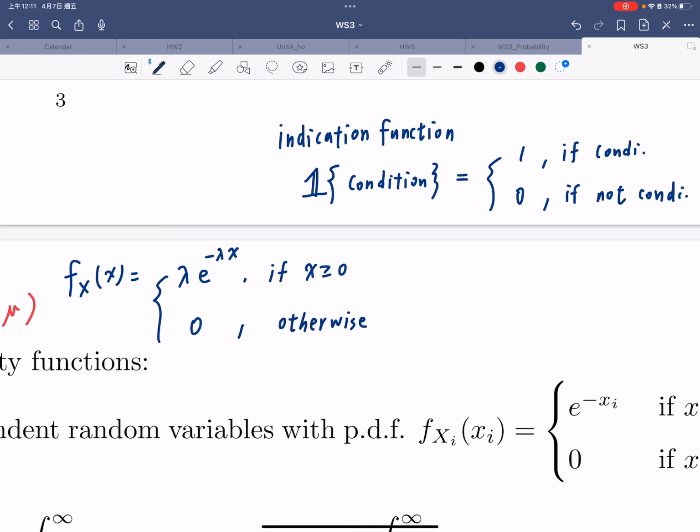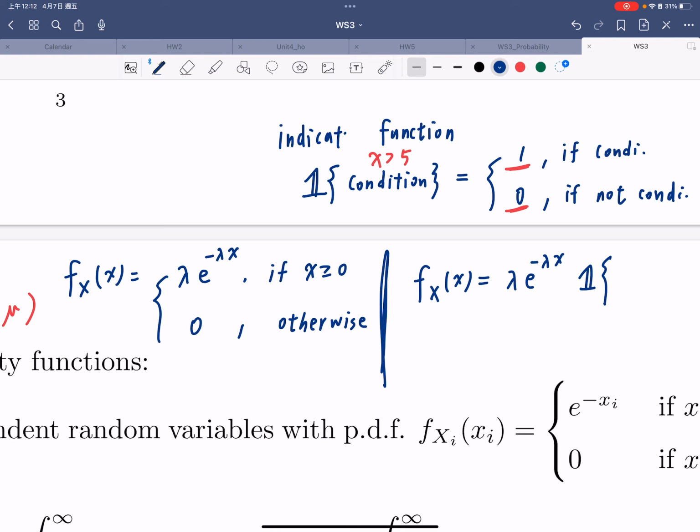So if the condition is right, like if x is greater than 5, then it gives you 1. Otherwise, it gives you 0. So we often write it in this way: lambda exponential lambda x times the indication function, or indicator. I don't know.